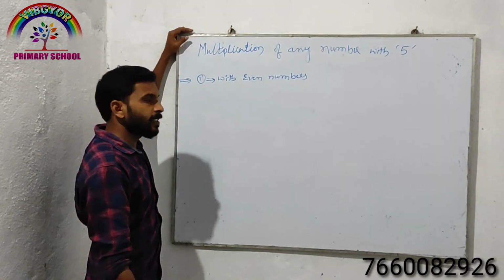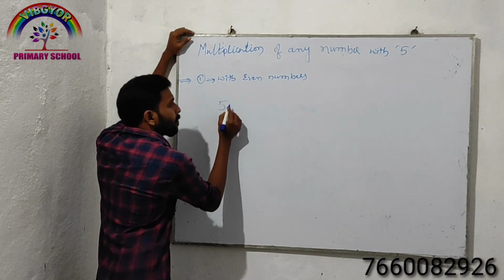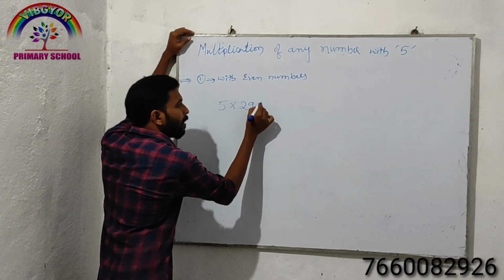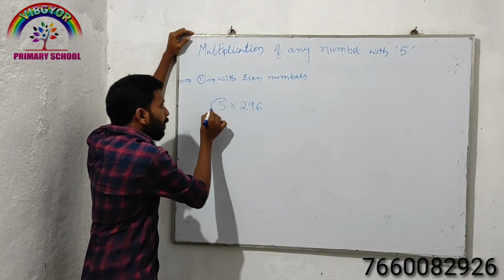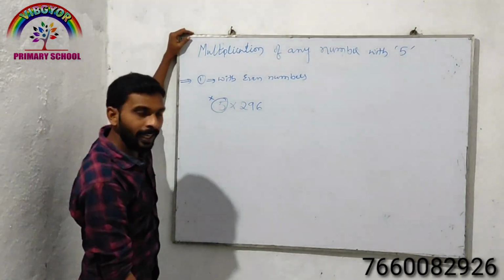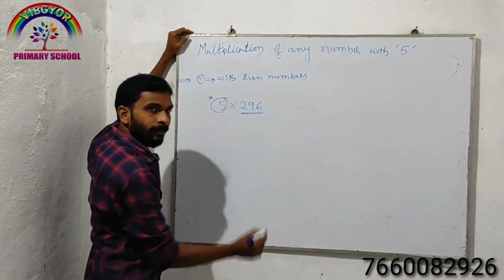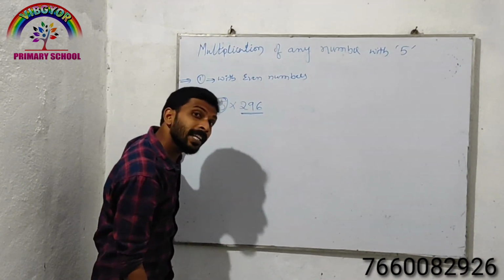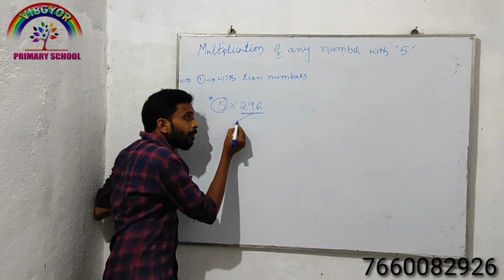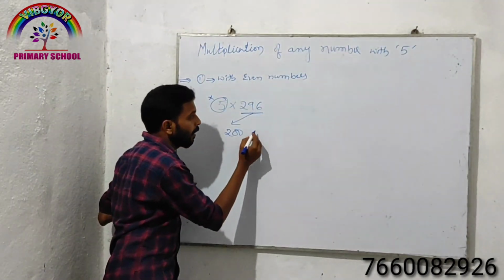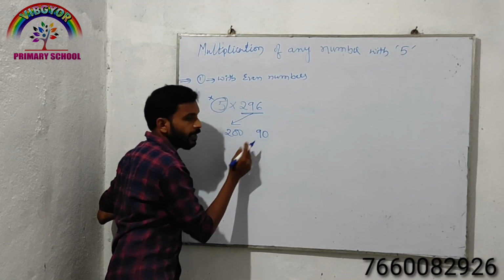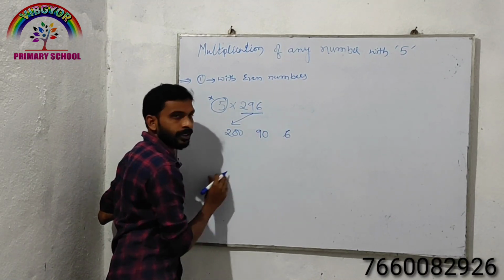Now consider some examples. 5 is going to be multiplied with 296. Right? Leave this number, that is the multiplier, and consider this even number. Coming to our splitting method, split this number as 200, next 90, next 6.